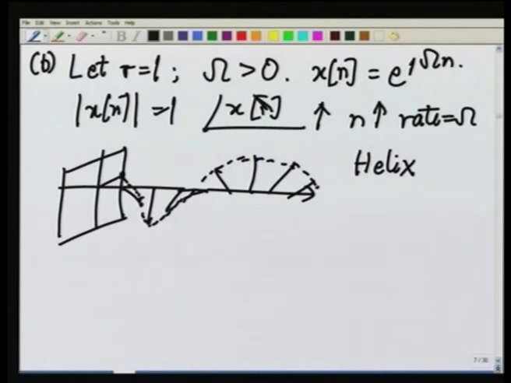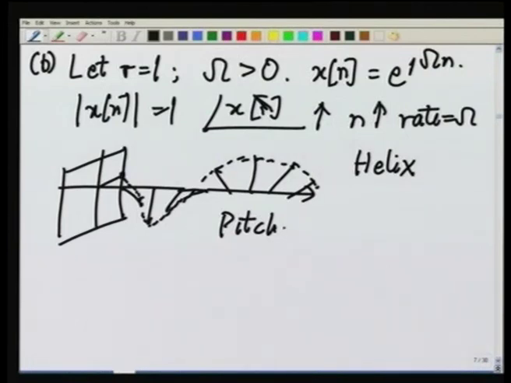It is a sequence of samples of the continuous helix that we drew earlier. Otherwise, it is still a helix. The pitch of the helix is the period of this sequence, if we can call it period, but let us keep that discussion for a little later, because the period has to be understood properly here.